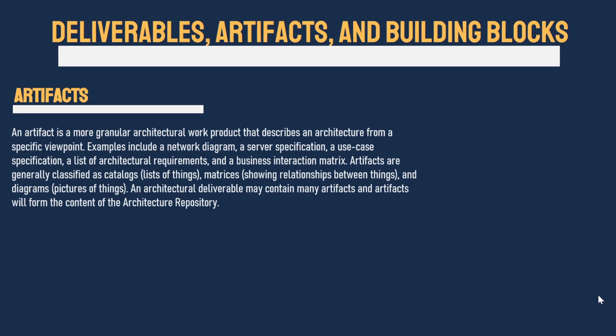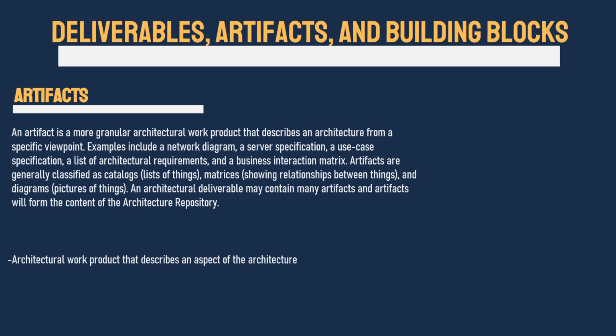Artifacts are generally classified as catalogs, lists of things; matrices, showing relationships between things; and diagrams, pictures of things. An architecture deliverable may contain many artifacts, and artifacts will form the content of the architecture repository. We can say it is an architecture work product that describes an aspect of the architecture.